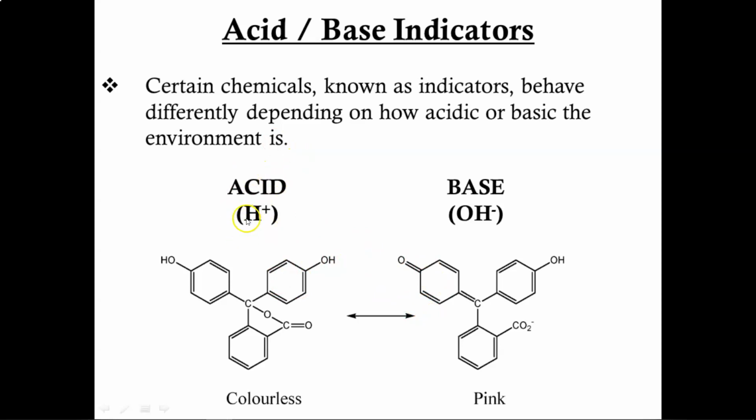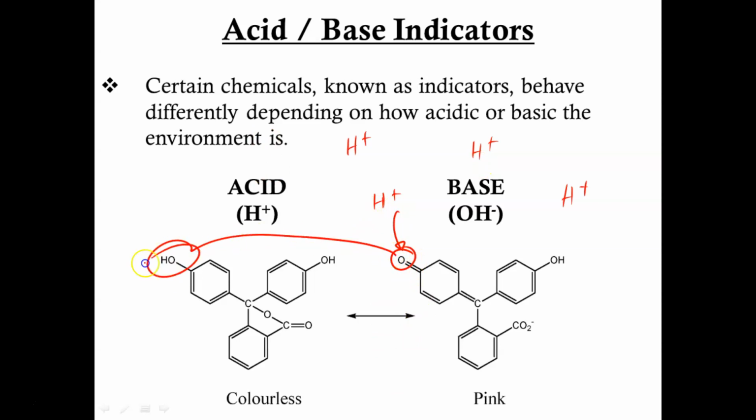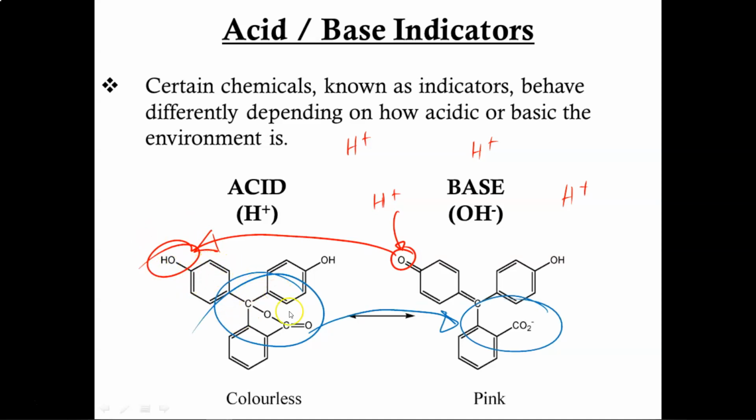In an acidic environment, you'll have lots of H+ ions floating around in solution, and these H+ ions are attracted to the C=O group over here, turning it into this hydroxyl group instead. A small change to the molecular structure here results in a cascade of structural changes, turning it into this.